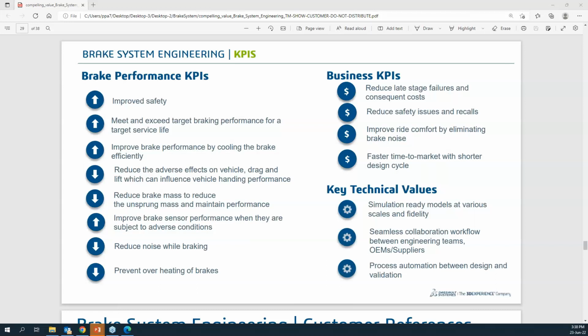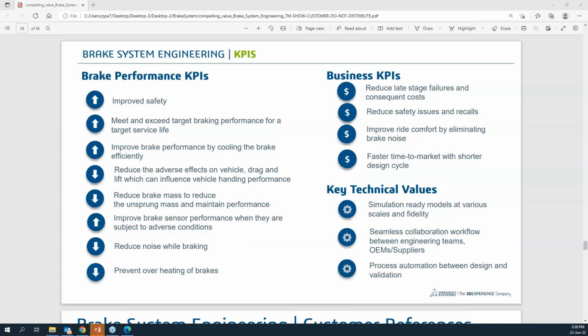If you are able to create an efficient product, a safer product, and a better product, that will improve your business key performance indicators, which will help you reach the market in time. That will create better visibility for you in the market, and also keeps a good position for you in the market.